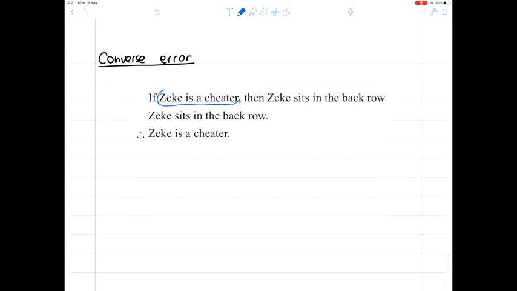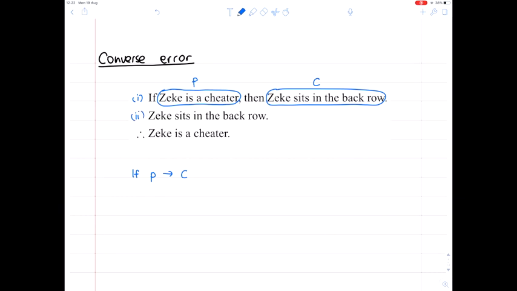So we've got an if-then. We're going to call Zeke is a cheater our premise P, and Zeke sits in the back row is going to be our conclusion C. So that's our first thing that we're stating that's true: if P, then C. And the next thing that we state is that Zeke sits in the back row.